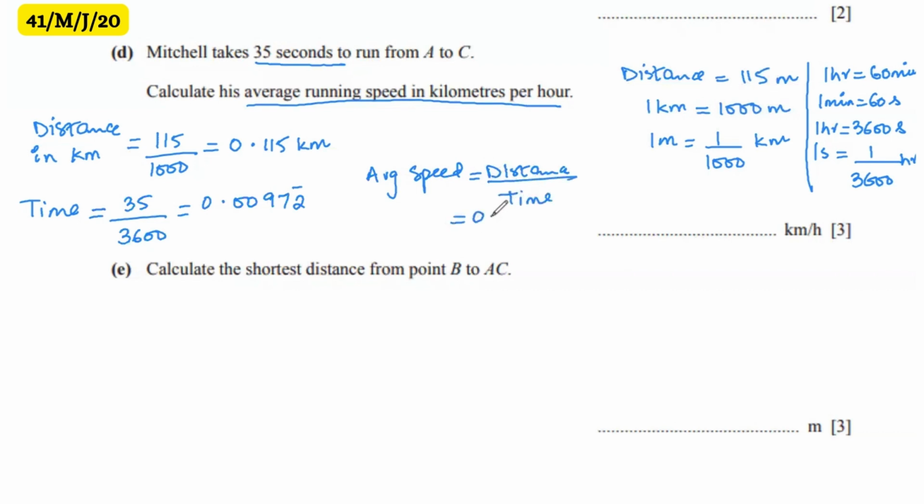So that's 0.115 divided by 0.00972 recurring. And that equals 11.8 kilometers per hour. That is your average speed in kilometers per hour.